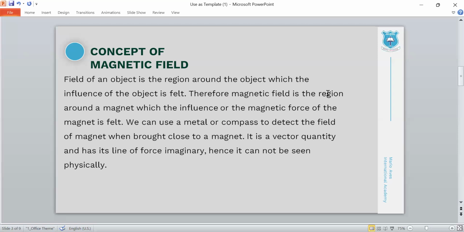It takes a metal that is coming close to it in a direction, to itself particularly. All right, the lines of force of this magnet are imaginary, which shows that it cannot be seen physically. But when you practicalize it in the lab, you will feel that there is a force possessed by this magnet.